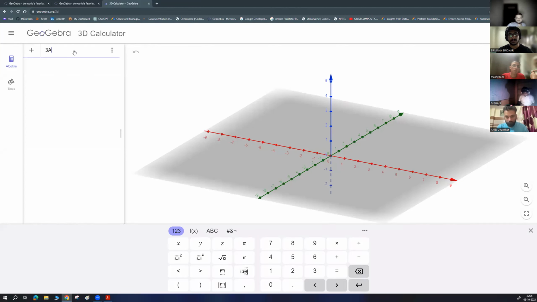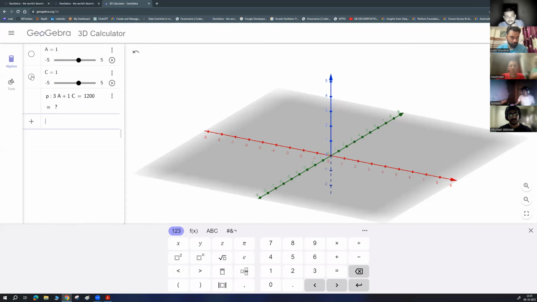I have created this plot and the link, share the link if you can. Yes. No, I will just do it. Okay, sure. I'll just copy paste the link in that. Yes, Chetan? No, go ahead.